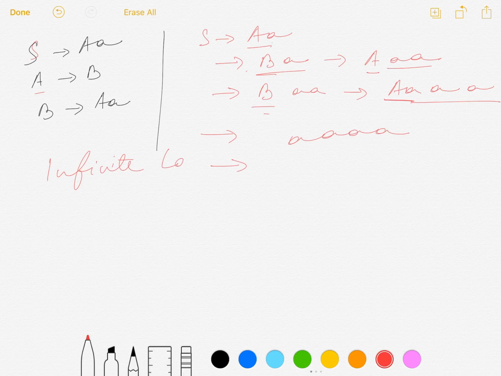Infinite language. The definition of infinite language is that the language which cannot be stopped at runtime with some terminating string. So, until and unless a terminating string is provided to you, it will continuously produce a sentential form. Now, again, what is sentential form?